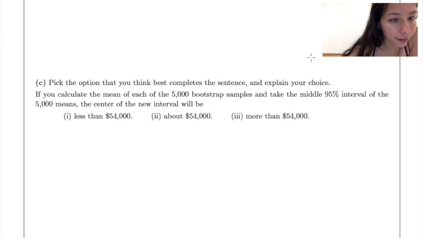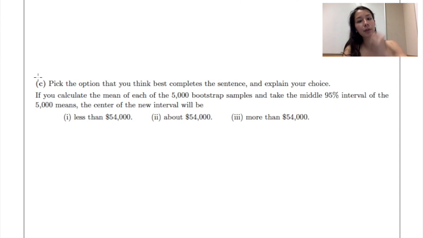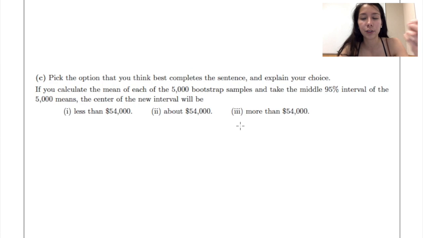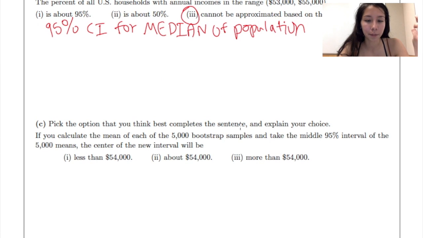Part C says, if you calculate the mean of each of the 5,000 bootstrap samples and take the middle 95% interval of the 5,000 means, the center of the new interval will be less than 54,000, about 54,000, or more than it. Something that we went over when I took the class was that the reason we usually look at the median income, as opposed to the mean income, is that the median income isn't going to be skewed the way the mean income is, because household incomes probably include a lot of really high incomes, and that's going to skew the data and give it a really big right-end tail.